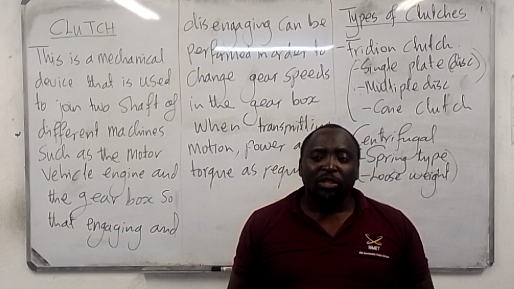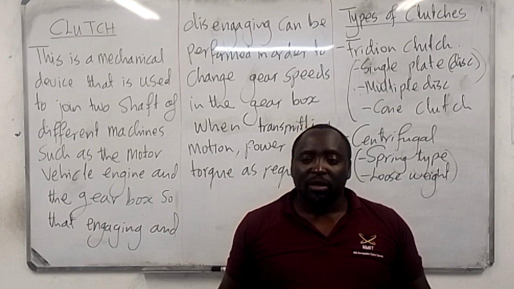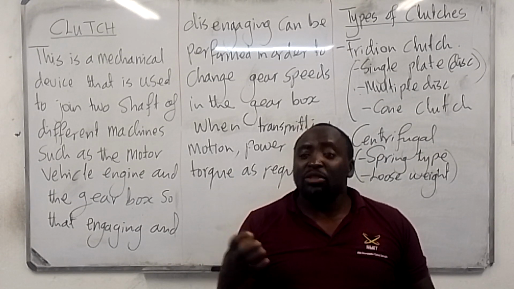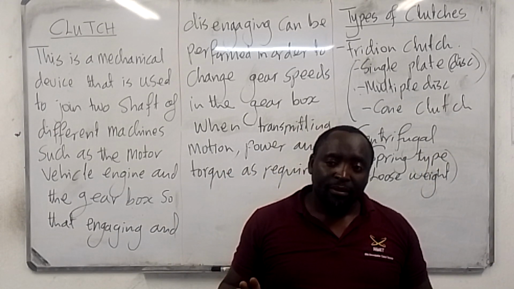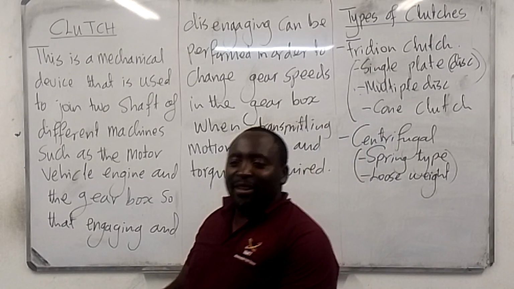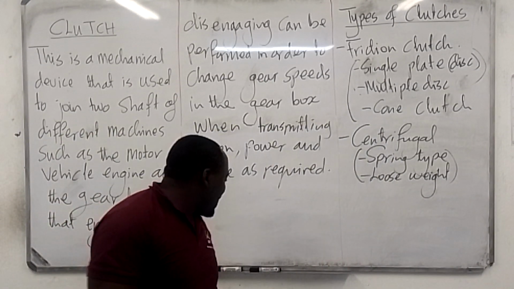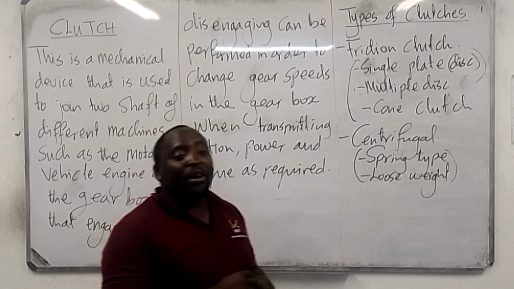You just reduce the speed, you change the speed, then they go. But where you want to change the gears, you use the friction plate, which is the common one. But you can research it with your students. Okay, so that is the story about the clutches.